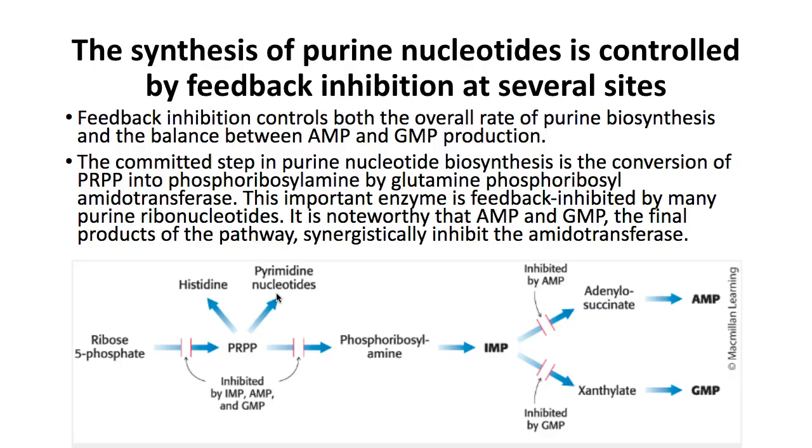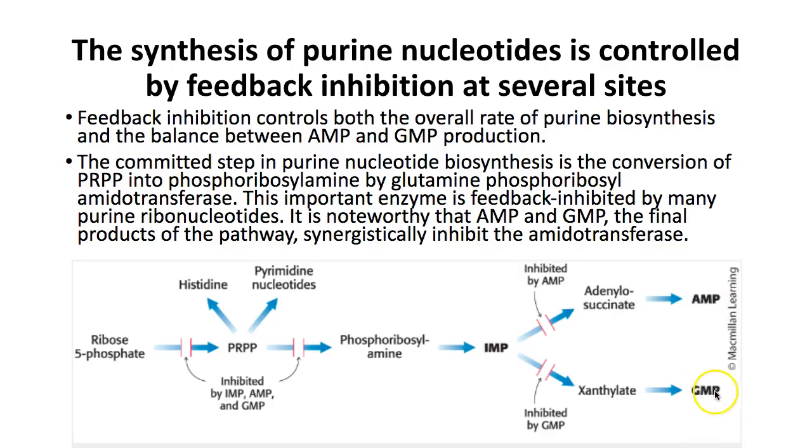And so, as far as the purine nucleotides being controlled by feedback inhibition, there are several sites that can be affected for stopping the production of certain types of purine nucleotides. So, AMP can inhibit the enzyme that is used to convert IMP into AMP.